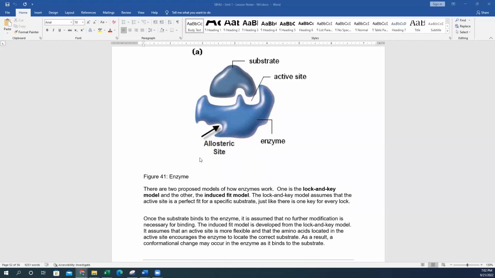And from that, you can imagine how binding of a molecule to the allosteric site may ultimately affect the overall shape of an enzyme in a way to alter the conformation of this active site and perhaps not allow the substrate to bind, or to hold this protein in a conformation that very much allows this substrate to bind and maintains that active conformation.